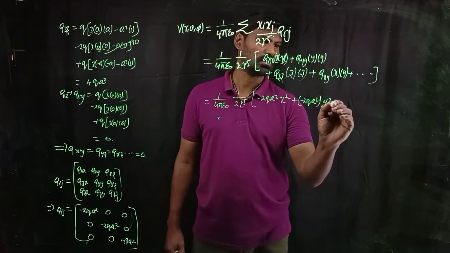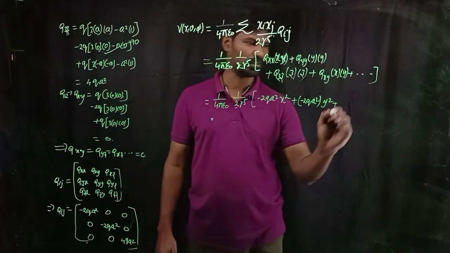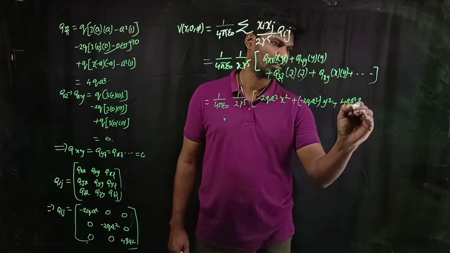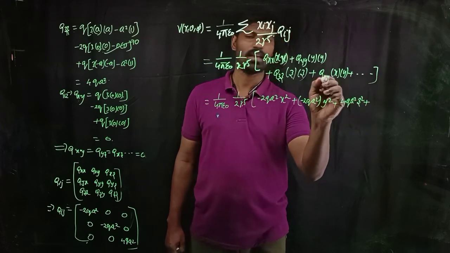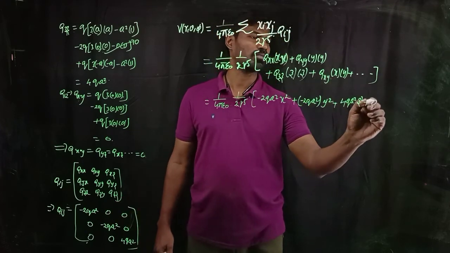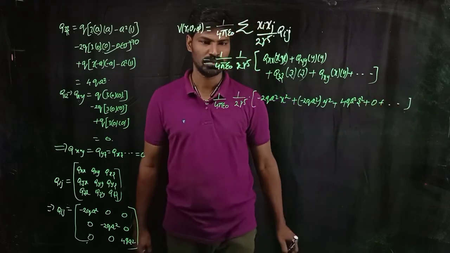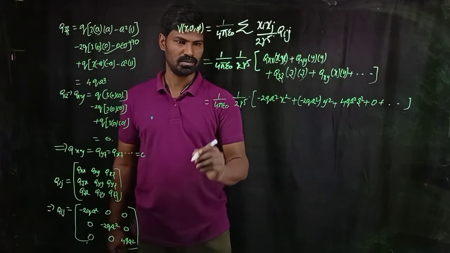Next, plus qzz value is 4q a square, so 4q a square into z square, plus qxy value is 0, all the remaining 6 terms will be 0, because of which I am not writing them here.